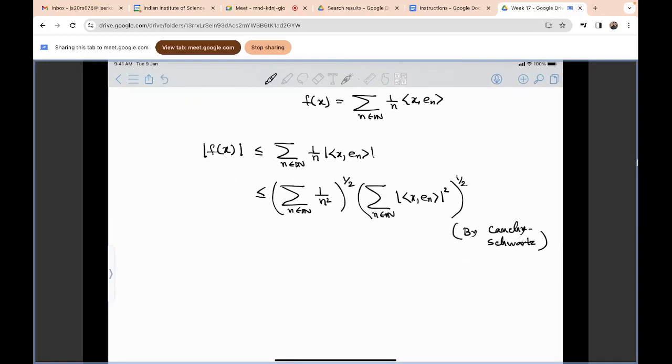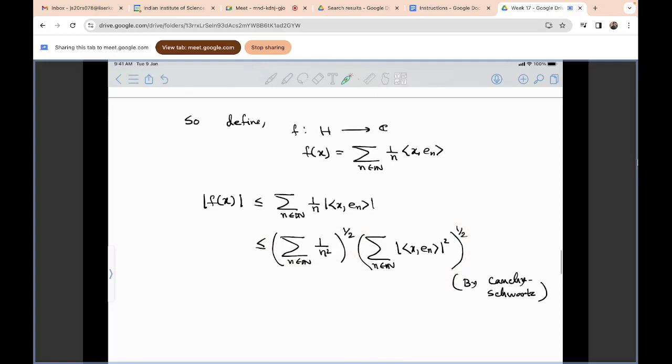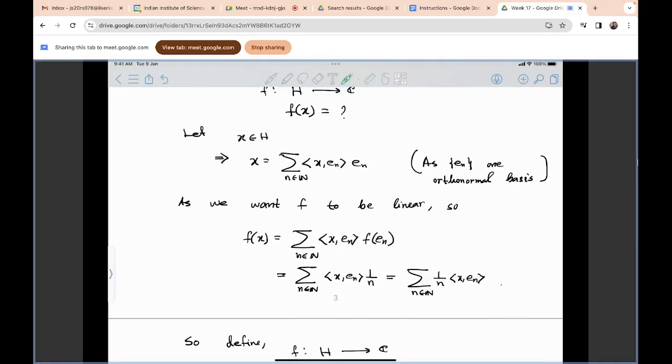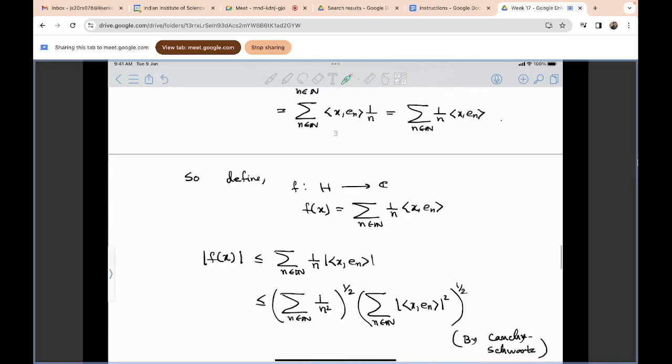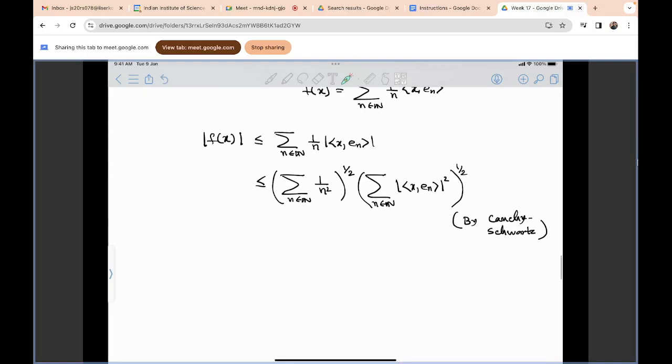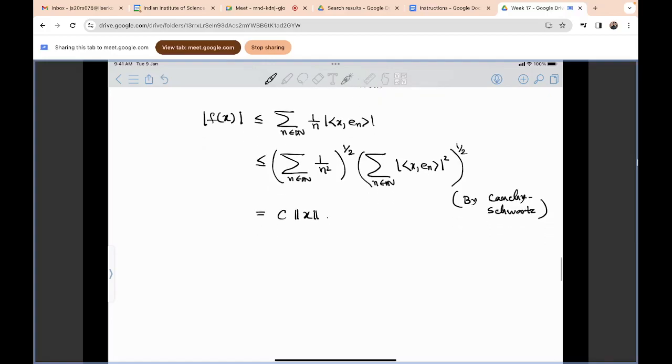Now as we know this series of 1 by n square is finite, it will give some finite value. And what is this other term? As x is given by this, if you compute the norm of x, as the e_n are orthogonal, so this is some constant c and this will be the norm of x. Why? Let me write it here.